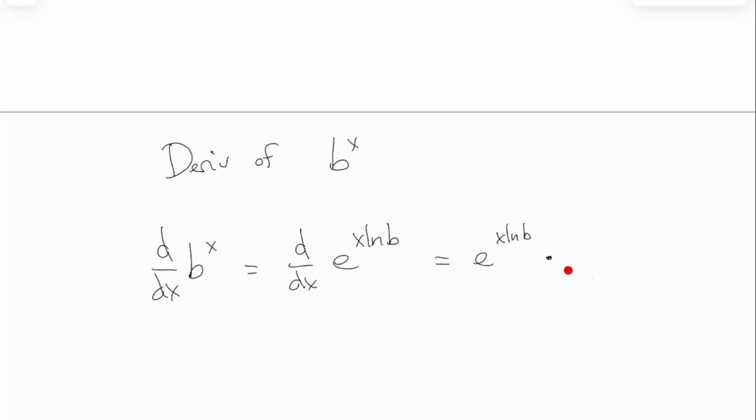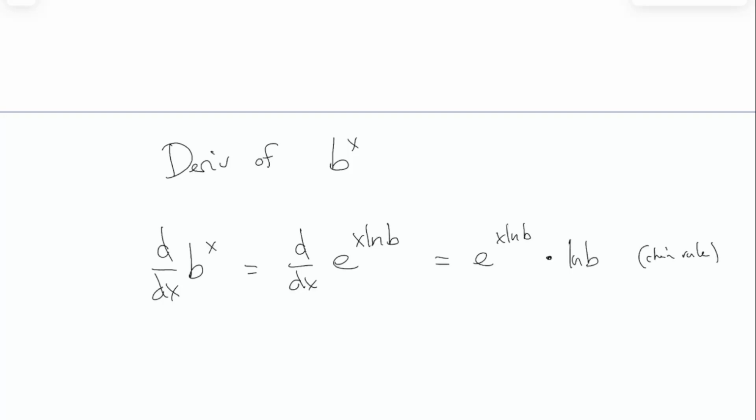So what are you going to get as the derivative of the inside here? 1 times ln b, if you like. This is x times a constant, and the derivative of such a thing is just whatever that constant is. If it was 2x, it would be 2. Here it's ln b times x, so it is just ln b. That's the chain rule.